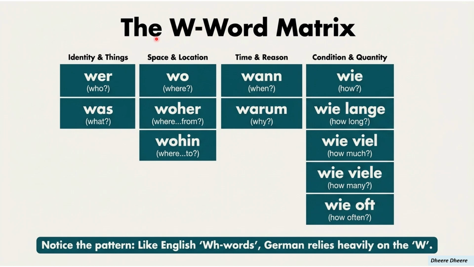German also relies on the W words such as where, wo, wann, etc. Here, wer means who, was means what, wo means where, woher means where from, wohin means where to, wann means when, warum means why, wie how, wie lange how long, wie viel how much, wie viele how many, wie oft how often.